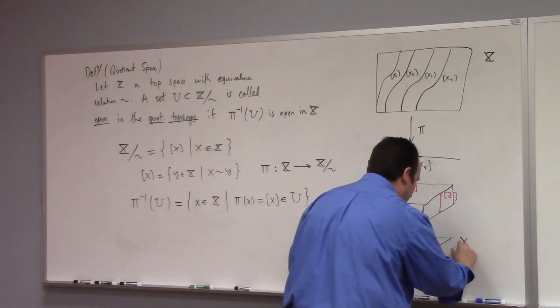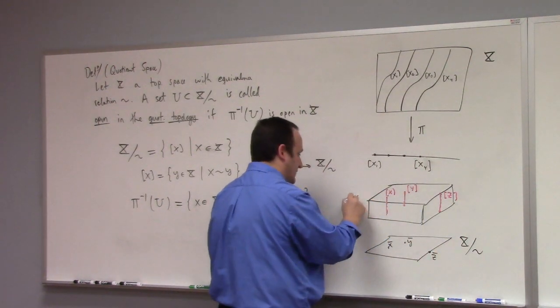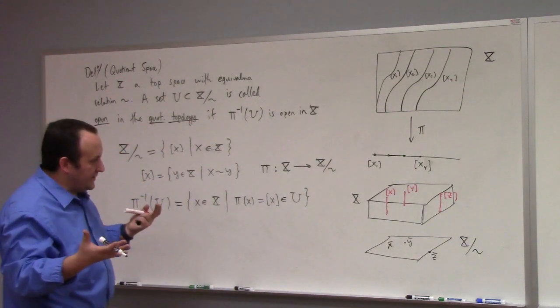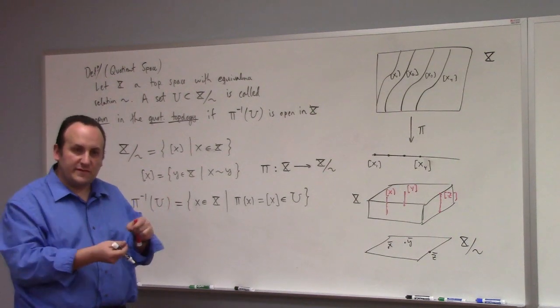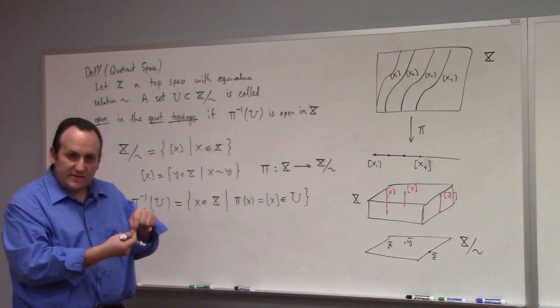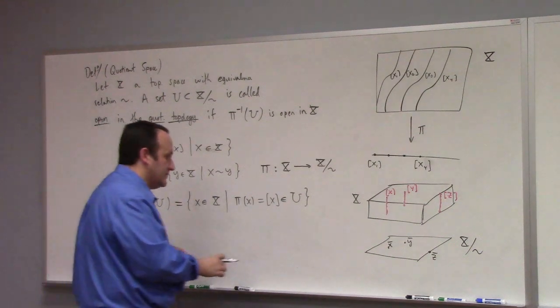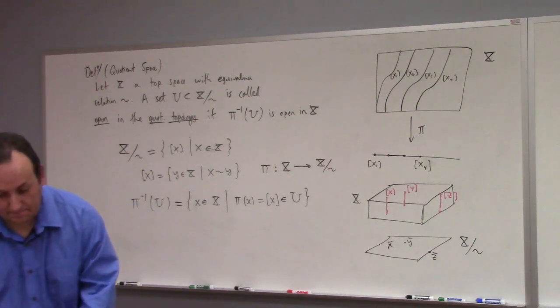Okay, so this would be a mental picture for X mod tilde if this is X. The larger point, like we were talking about last time, the idea with the quotient space is you're identifying points in the original space as being single points in the quotient, right? This is what we're trying to describe in as many different ways as we can.